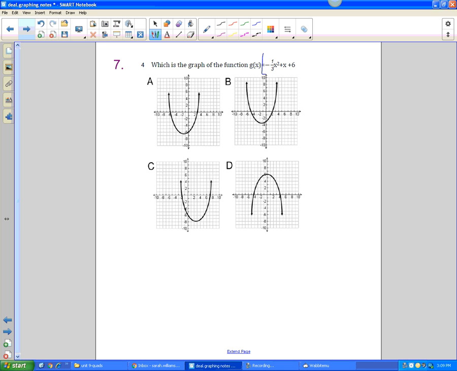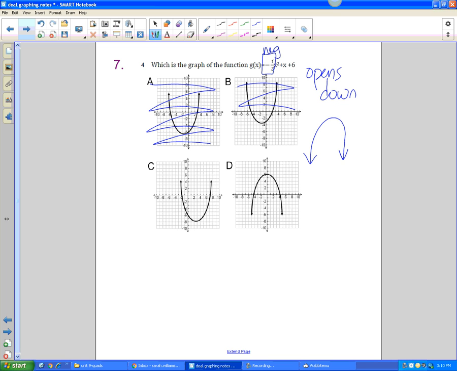You also know that since there's a negative in the front, that it opens down. So the u is upside down. Well, does A have an upside down u? No. Does B have an upside down u? No. Does C? No, but D does.